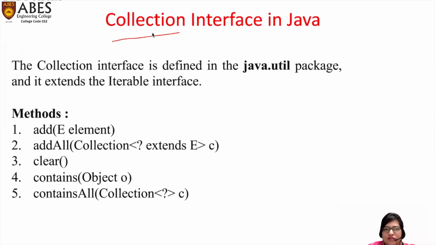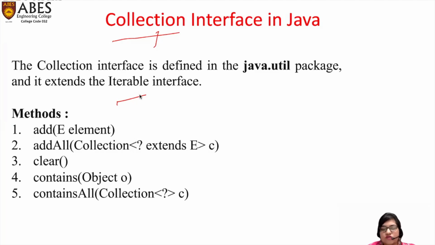Collection interface in Java. The Collection interface is defined in the java.util package, and it extends the Iterable interface. This means that all collections in Java are iterable, allowing them to be used in the enhanced for loop, that is the for-each loop, with iterators.